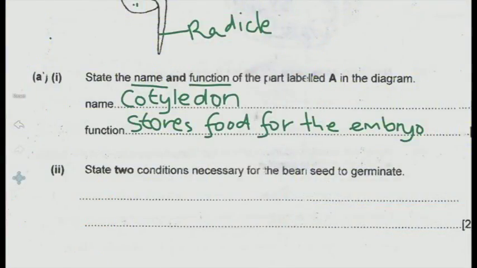The second question. State 2 conditions necessary for the bean seed to germinate. They said we have to state 2 conditions here, which are necessary for the bean seed to germinate. They are warmth and moisture.